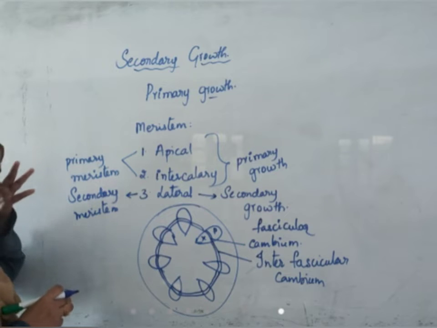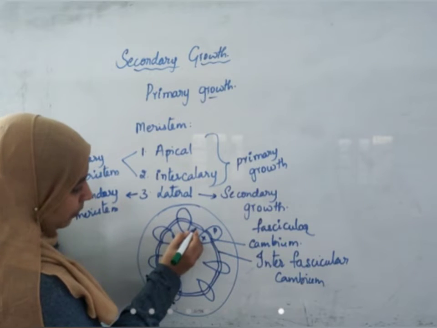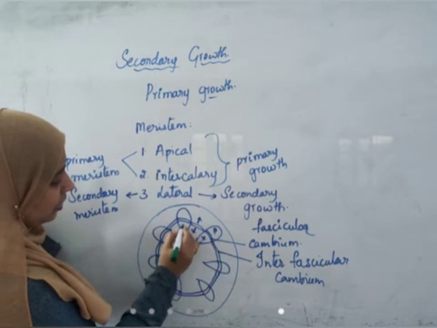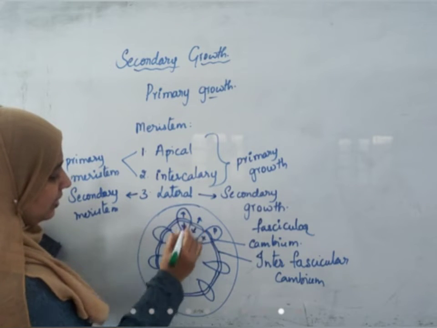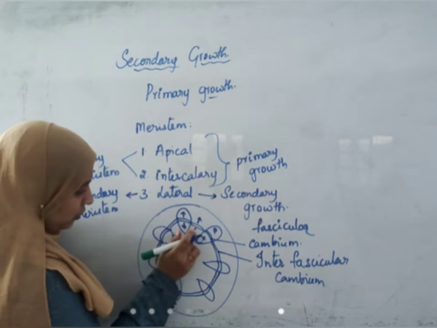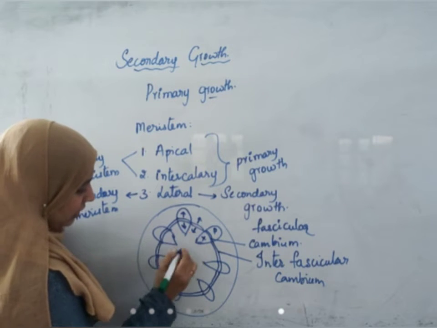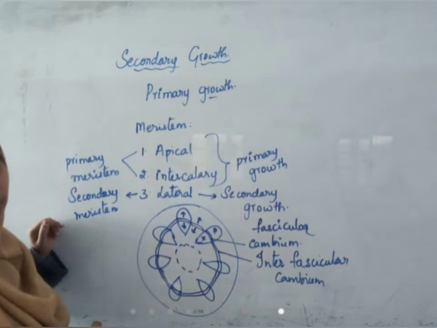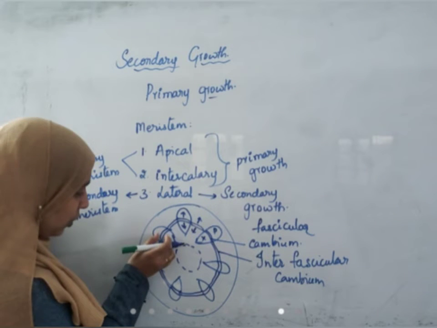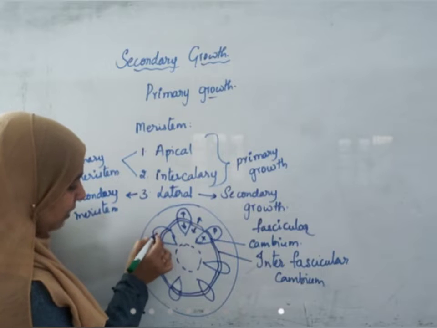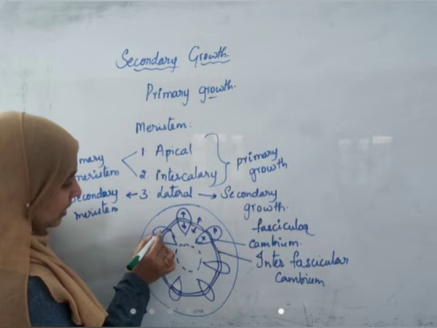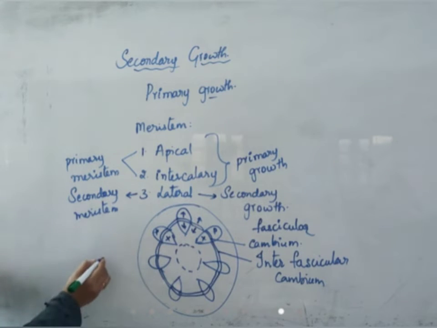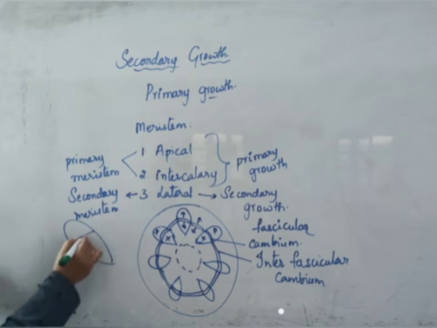When new cells are produced, they are distributed in this direction as well as this direction. Those produced from interfascicular cambium help in growth of the pith region. Those produced from fascicular cambium help in growth of xylem and phloem. The cambium tissue is present in between like this.